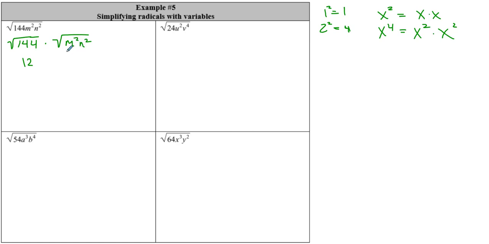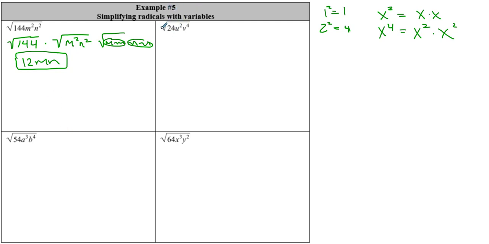If we prime factored this out, this would be m times n times n. So I'd have one set of m, and I'd have one set of n. And that's it. This is fully simplified.